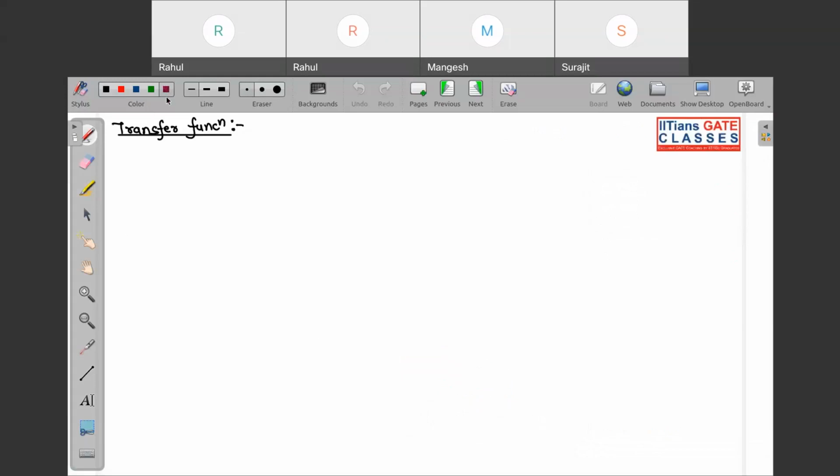So now let us see what is a transfer function. Can you tell me basically what is a transfer function, Surjit? See, I will only say it, okay, because if you say it, it will take time.